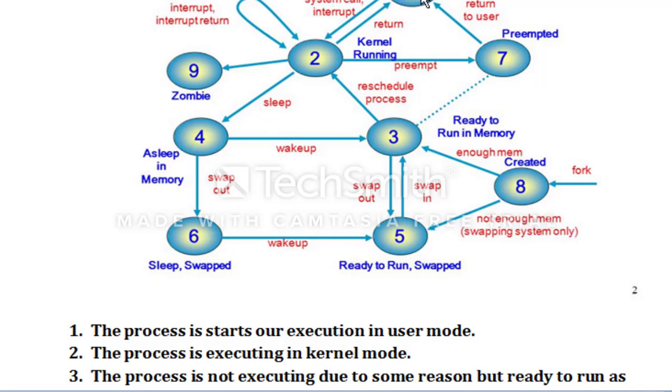So the life cycle of a Unix process may contain 9 different states. It starts from 8, where the new process is created by the user, and it moves through different locations and different states, and at the end of execution the end state of the process is known as the zombie state.